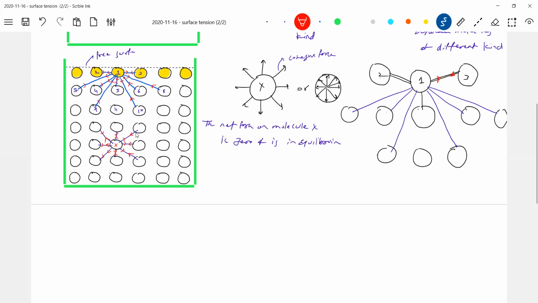Is it possible now? Now molecule 1 can be in equilibrium. Yes. With the support of 2 and 3, somehow molecule 1 is retaining its position. 5, 6, this is 8, 4, 7, 11, 9, 10. Look at this one now.